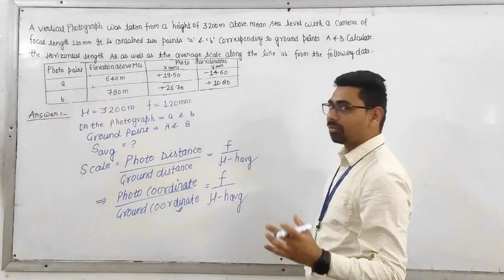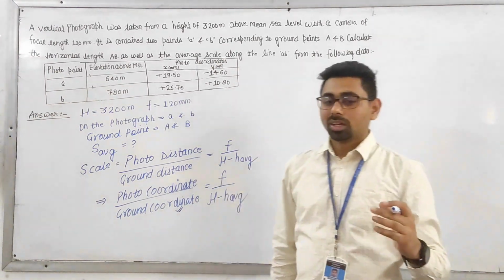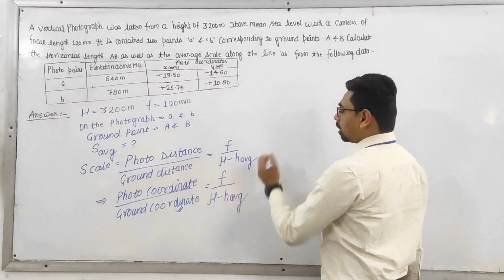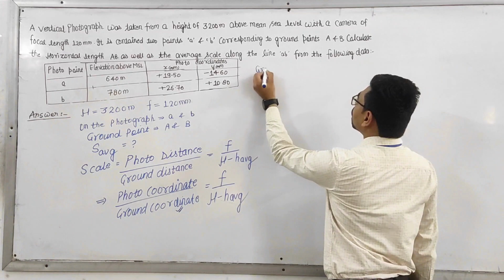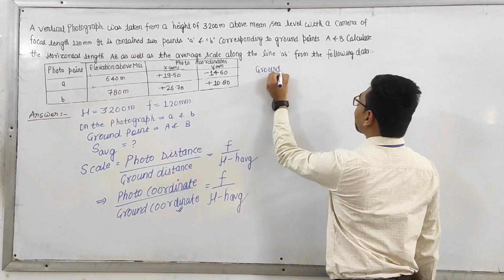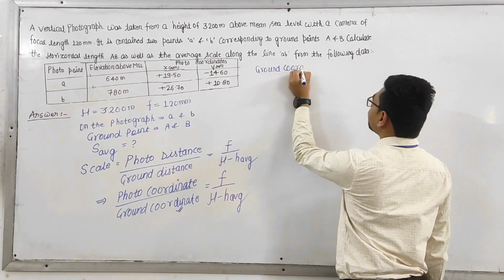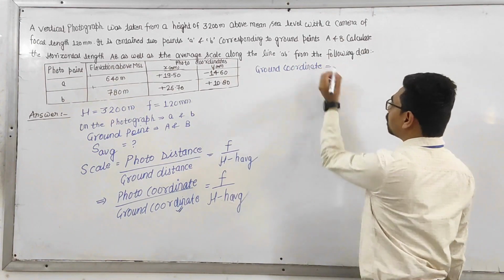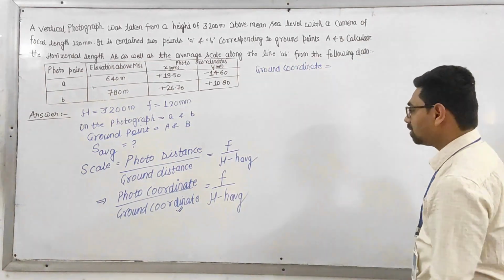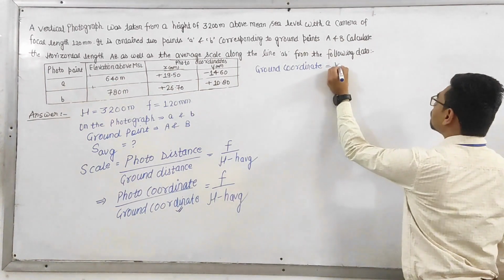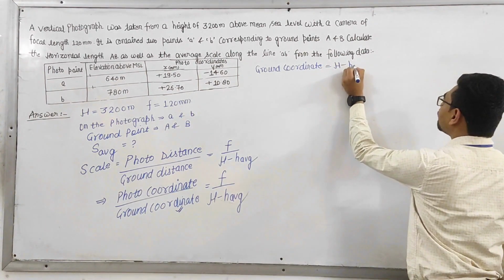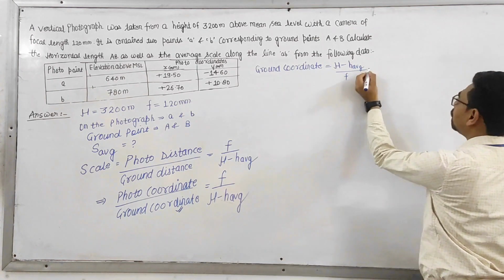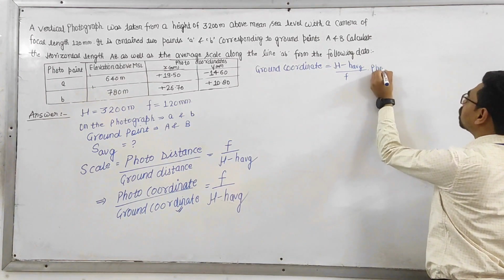We generate a formula for calculating the ground coordinate: ground coordinate is equal to H minus average elevation divided by focal length, into photo coordinate.